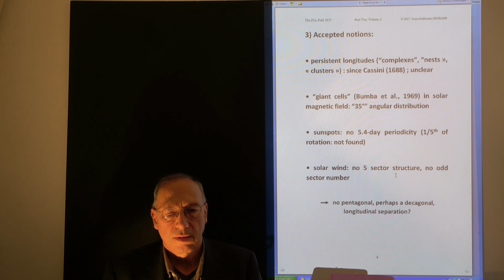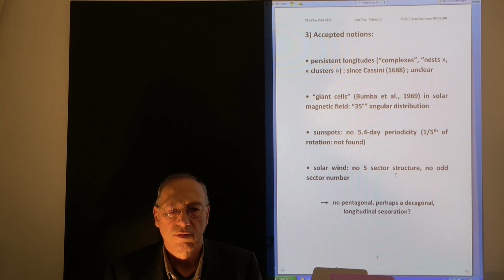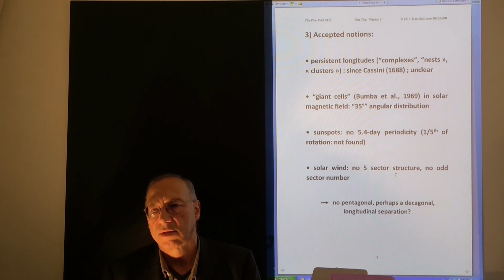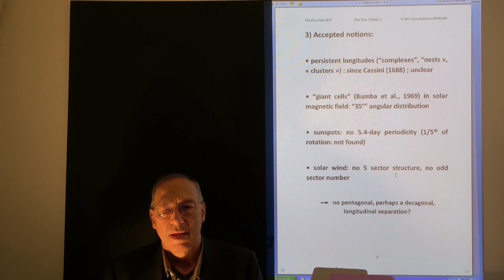In the literature over the 19th and 20th century, these notions were called complexes of sunspots, or nests of sunspots, or clusters of sunspots, etc. The conclusions remain to this day unclear as to how persistent they are, but especially at which spacing, if any, they would recur, at which longitudinal spacing.